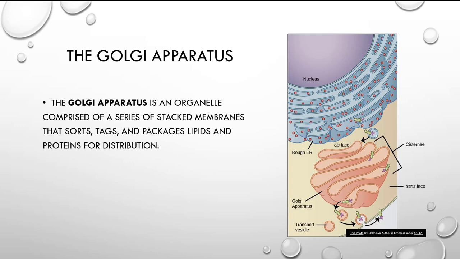Okay, so if this was like an immature insulin hormone, it needs to get tagged and packaged up so that everybody knows that this is insulin. So it's got to get packaged up into a box with a mailing label stuck on it. Okay, so that's what the Golgi apparatus is going to do, so that it can get shipped out of the cell through another transport vesicle and leave the cell as the finished product.